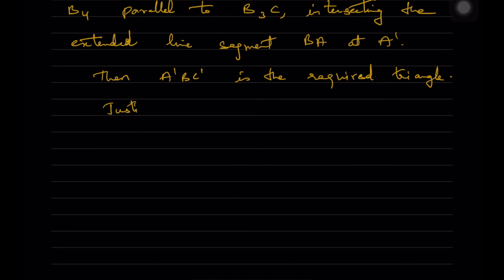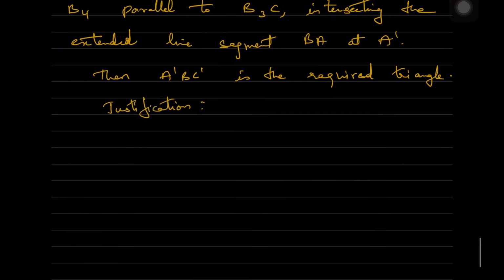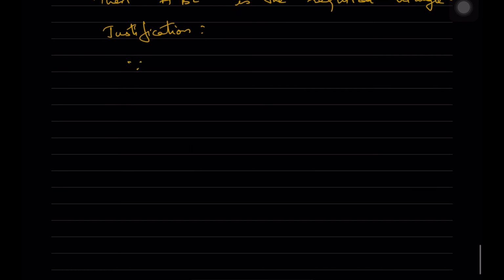Justification. What's the justification for this also we'll see. Now since you can see from the figure, always look into the figure and then write this down. C dash A dash is parallel to CA by construction.